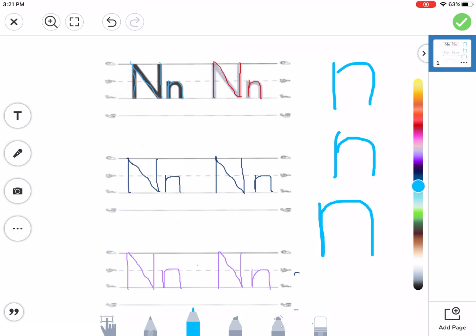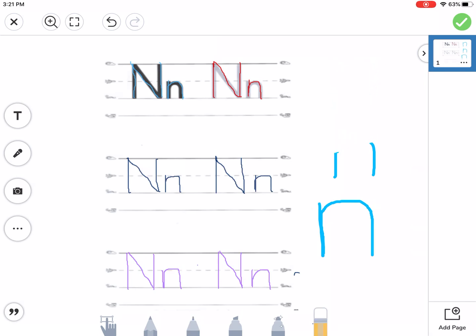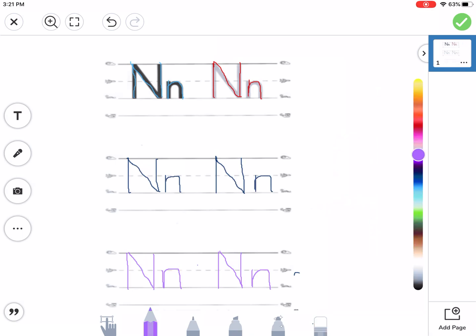And I also don't want this. Okay, I want straight line down, slide down the slide, back up and down. Don't want this, okay?